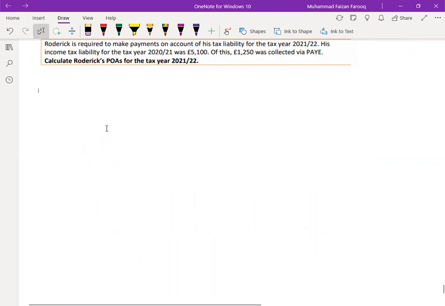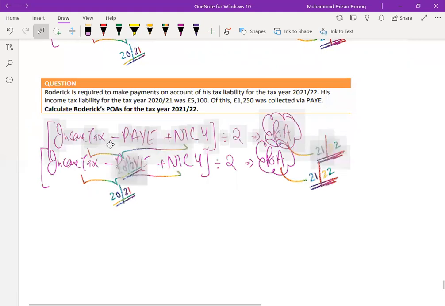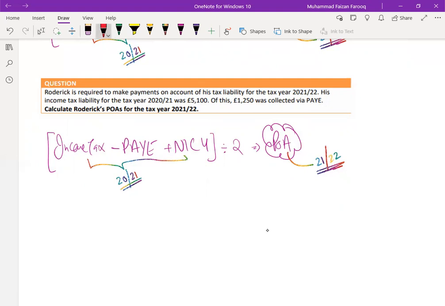His income tax liability for the tax year 2020 to 2021 was £5,100. Of this, £1,250 was collected via pay as you earn. Calculate Roderick's POA for the tax year 2021 to 2022.